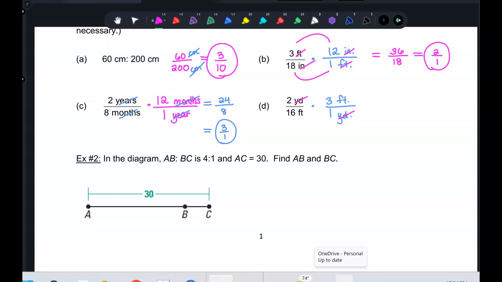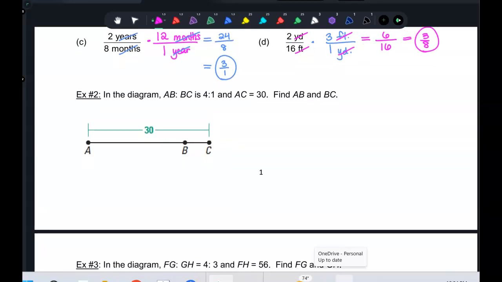When we get to the homework, I can tell you what the units are. Now we're going to multiply 2 times 3 on the top is 6. 16 times 1 on the bottom is 16. Okay, I can divide. We could either do this by hand or you can just plug it in your calculator. But I can divide the top and the bottom both by 2, so 3/8.